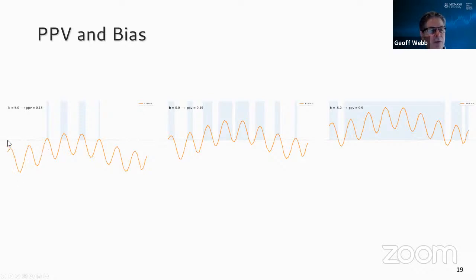So it has the effect of shifting the location of 0 up or down. If we have a bias of 5, apply it to the same series, we get a much smaller number of positive values, a much smaller proportion. If we have a bias of -5, we get a much larger proportion.